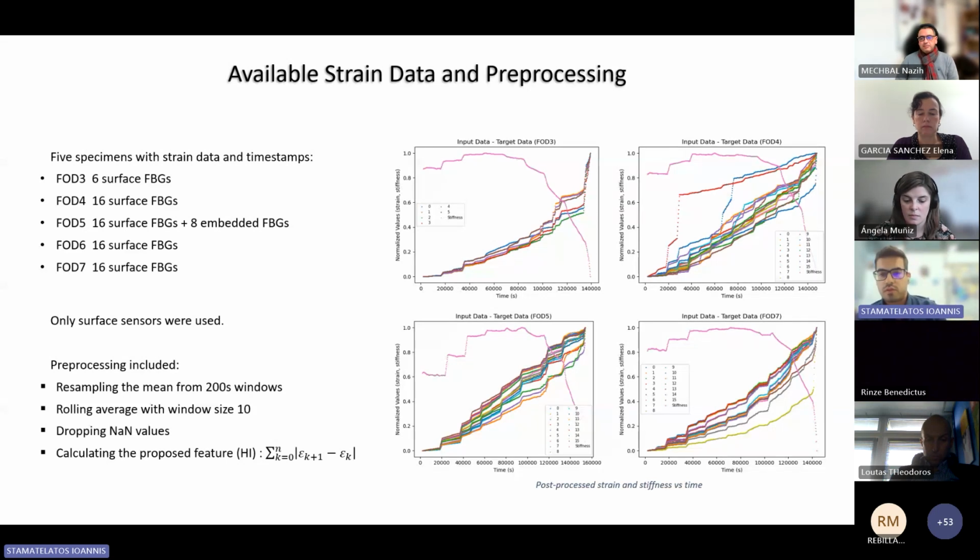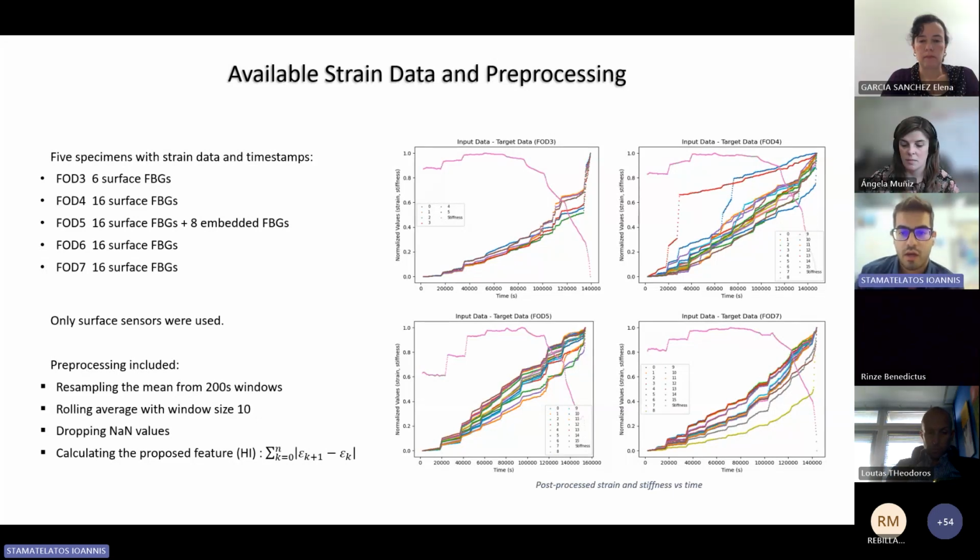So by observing these plots, someone can see that after the half part of the experiment is over, where the damage has progressed and is more severe, the slopes of some sensors start to diverge. So the intuition was that we will use the strain slopes, the first derivative of strain, and not the raw strain.